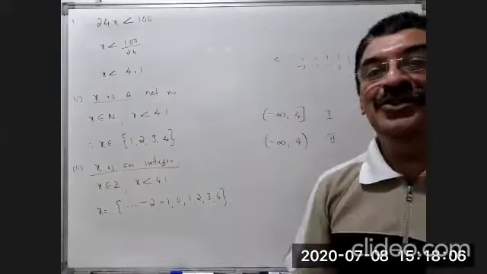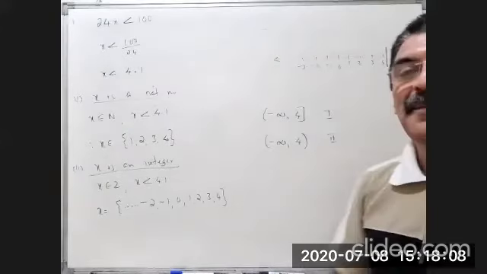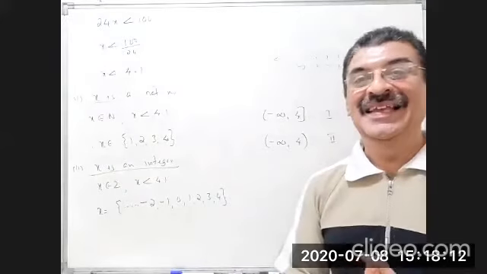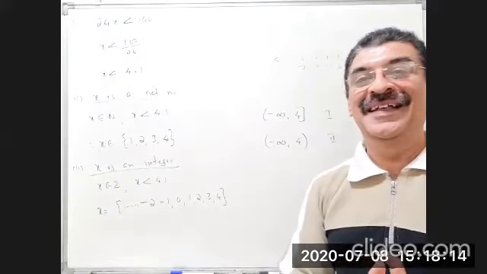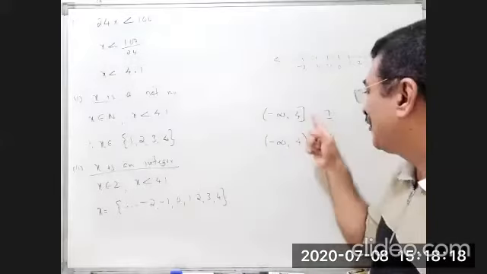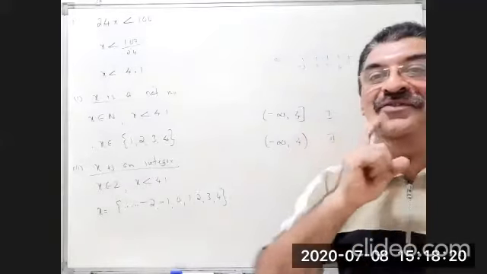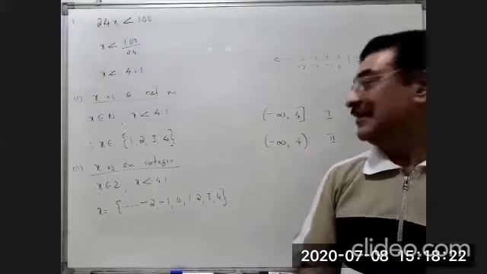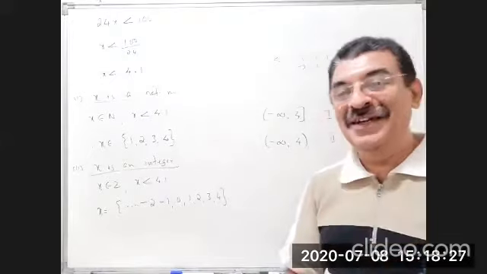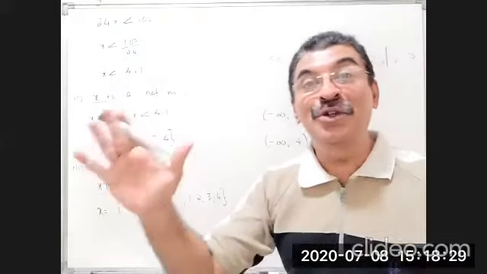Some of you wrote the first one, some of you wrote the second one. Of these two options, which option is correct? Everyone wrote the first one, some of you wrote the second one. Both of you are wrong.